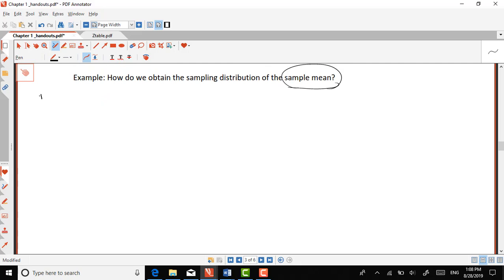So, as usual, let's start with a population of interest. To make our life easy, let's think about the population of Texas Tech University students, these are TTU students.